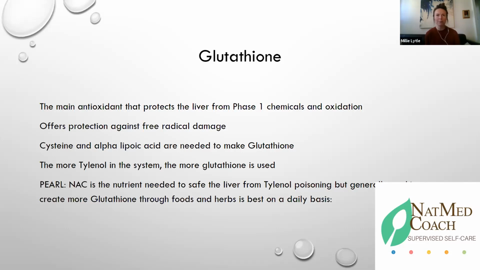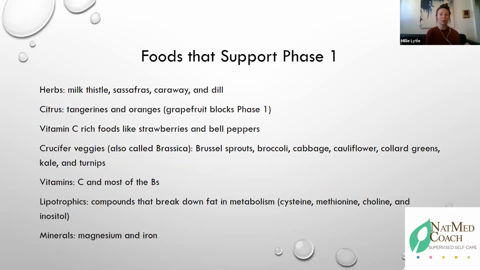So it's always about this balance, like how much toxin, how much harmful material is there versus how much helpful material is able to protect my liver. So the more Tylenol's in the system, the more glutathione gets used. And so we need to be making sure really on a daily basis, hopefully through food, not only through supplementation, but through food, and we can increase it through supplementation, that we're creating glutathione so that the body's able to handle its chemical burden and move chemicals from this phase 1 into phase 2.